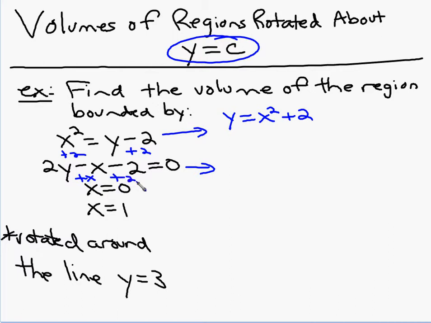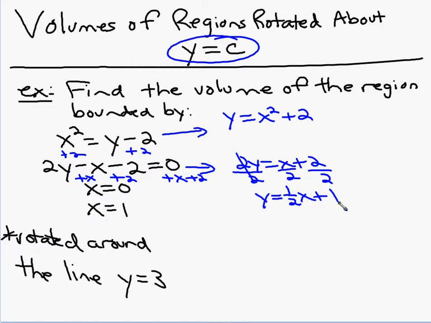I think you probably could too. Add x, add 2, so that I have 2y equals x plus 2. And I would divide both sides by 2. So y equals 1/2 x plus 1.